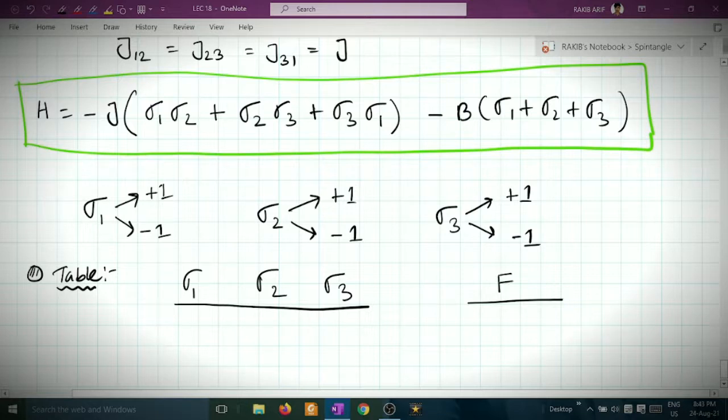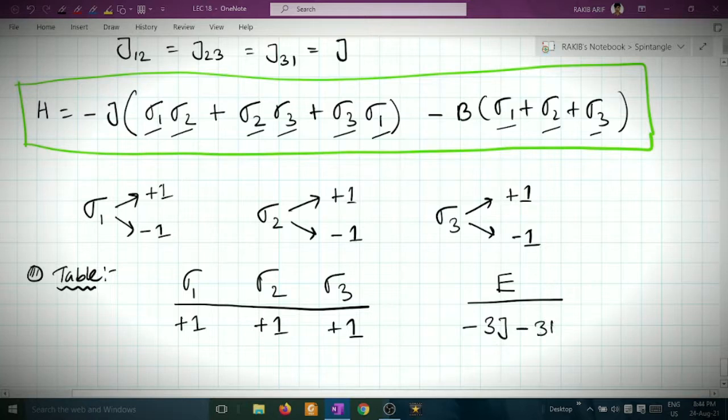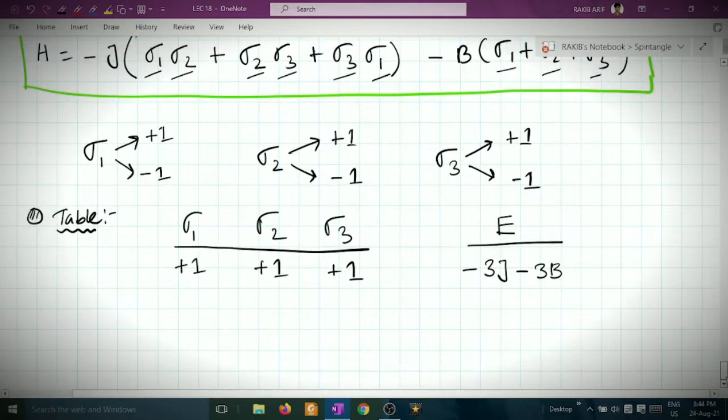Taking the values plus 1, plus 1, plus 1 for each term, each product is plus 1, therefore this will be minus 3J, and the field term gives minus 3b. This is one combination, and there will be 2 times 2 times 2, that is 8 possible ways.